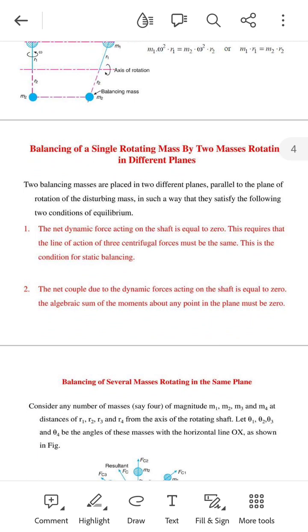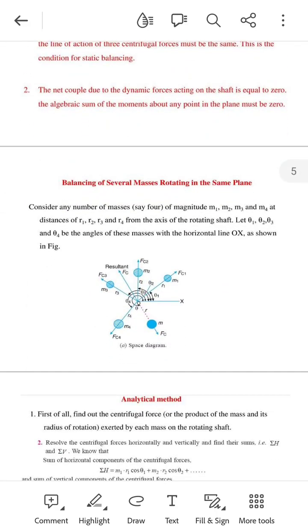The third one, balancing of several masses rotating in the same plane. This is the diagram. Consider any number of masses, that is four masses of magnitude m1, m2, m3 and m4 at distances of r1, r2, r3 and r4 from the axis of the rotating shaft.